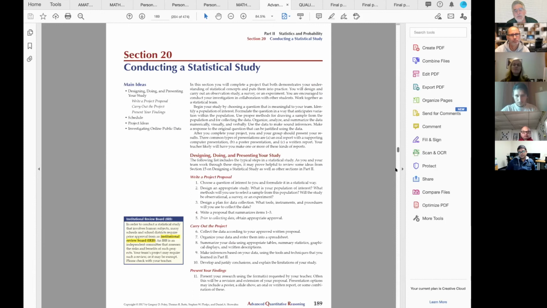But they have to create a proposal for both the statistics project and the final project and get that approved before they begin data collection, or in some cases they're just going to the web to get the data. They might be going to state websites to get COVID data or something like that.